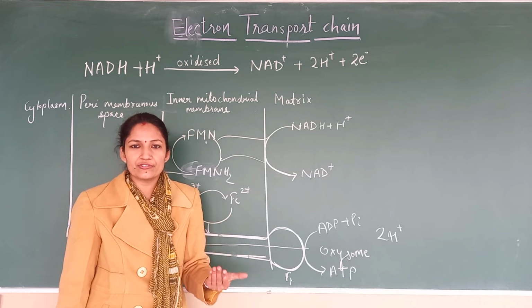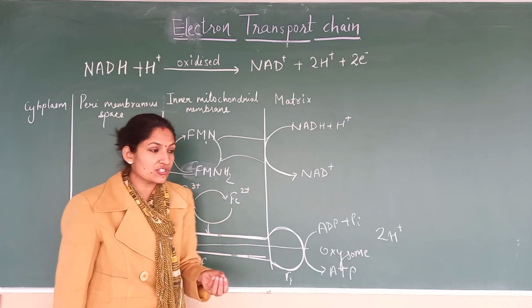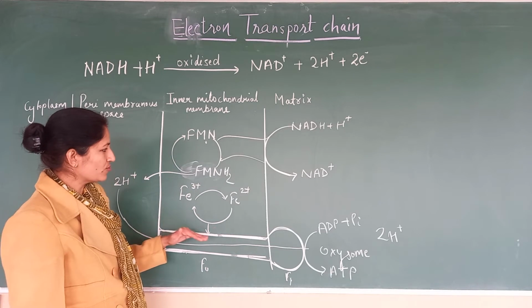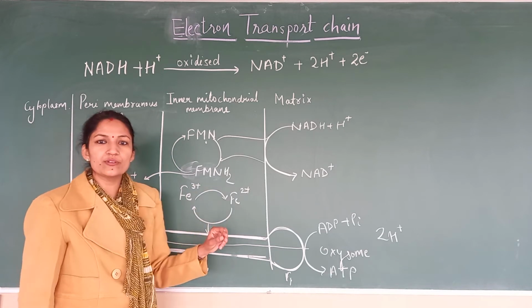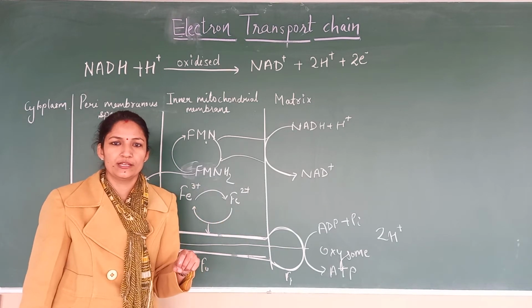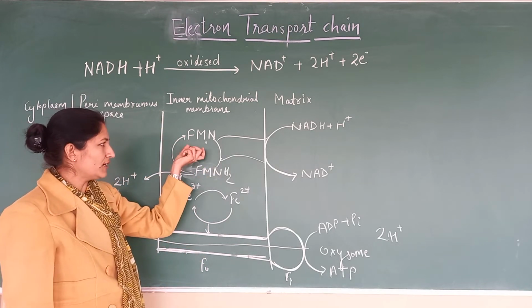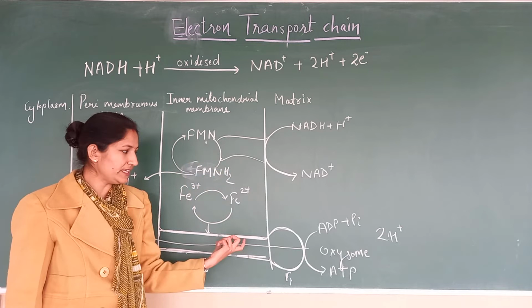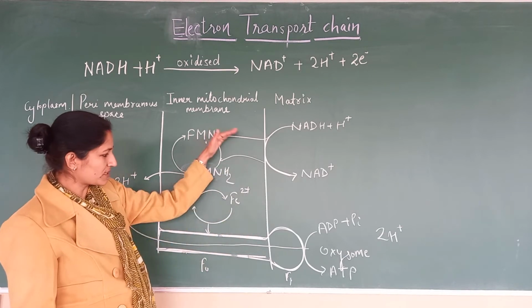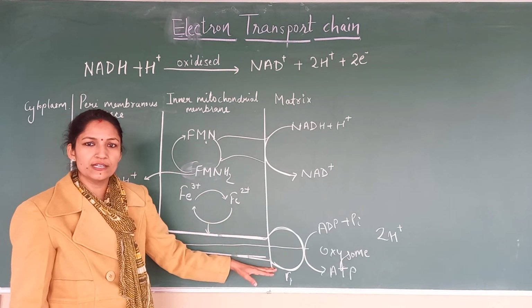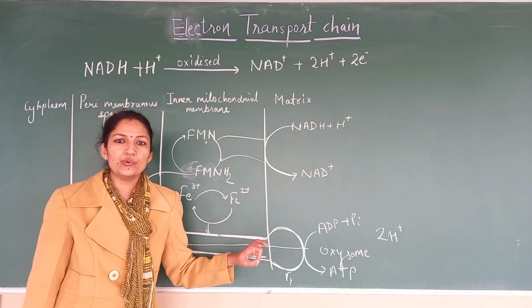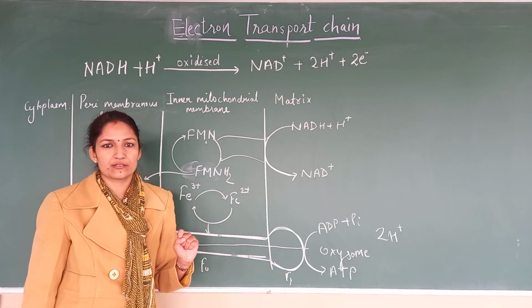So when we talk about FADH2, that FADH2 is associated with complex 2. So there the electron acceptor is not FMN, that is FAD in that case. So this will be skipped. The first step will be skipped. That's why two ATPs are produced.